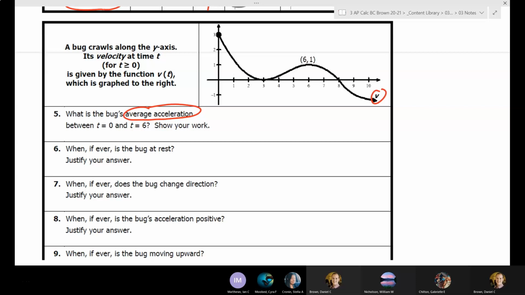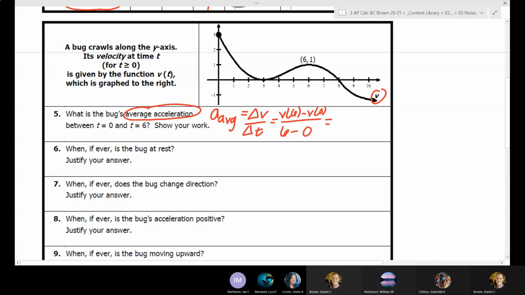So the average acceleration, I'm just going to abbreviate it as acceleration average. We know that's the change in velocity over the change in time. Well, this is the change from 6 to 0. And so I want to find the velocity at 6 and the velocity at 0, and I can just read those numbers from my graph.